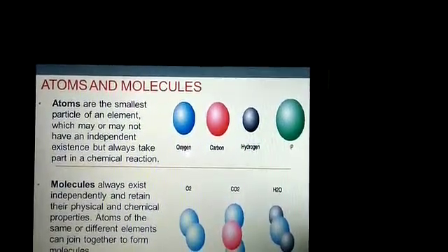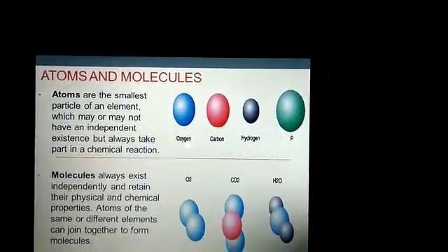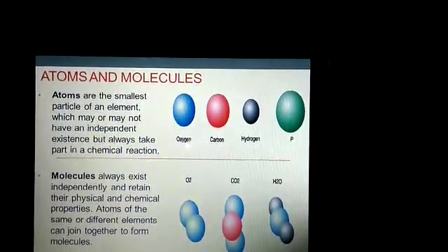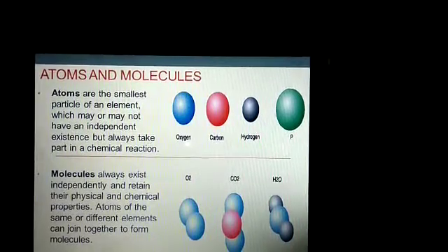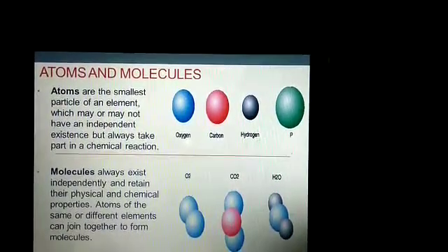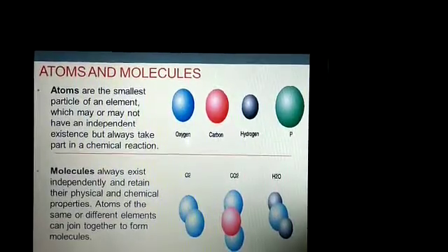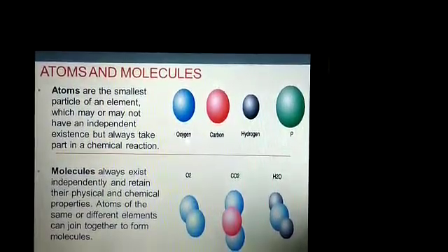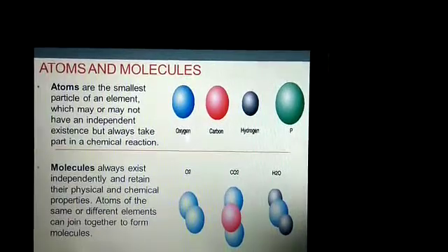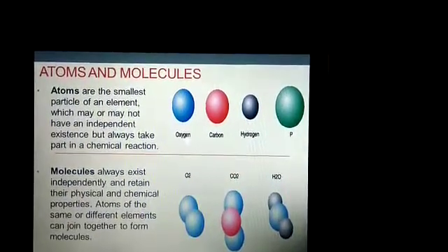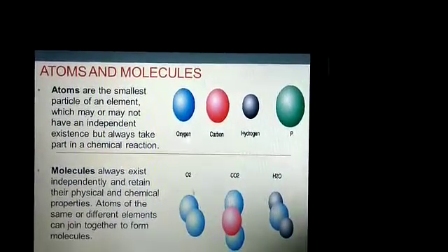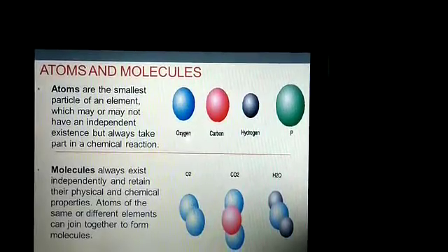The next is molecules. Molecules always exist independently and retain their physical and chemical properties. Atoms of the same or different elements can join together to form molecules. You can see in the picture, the first one, the oxygen molecule, made up of two atoms.